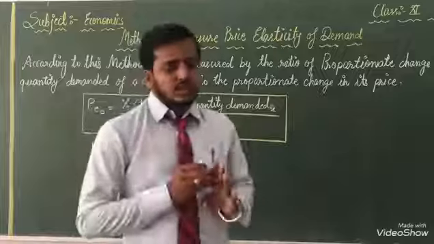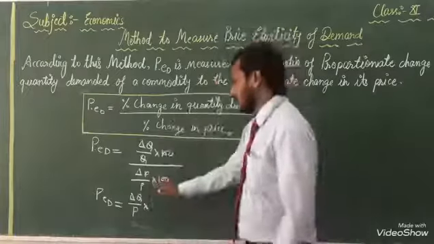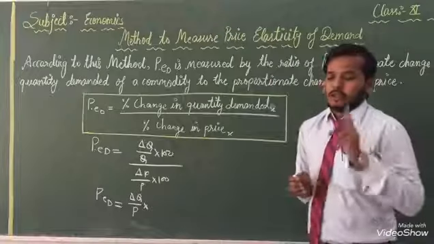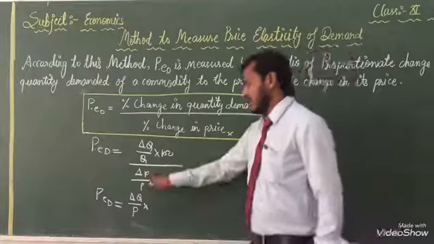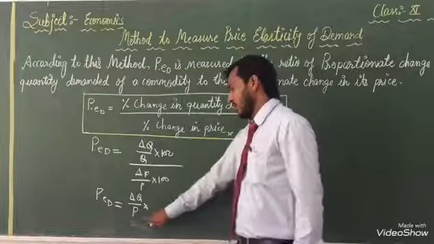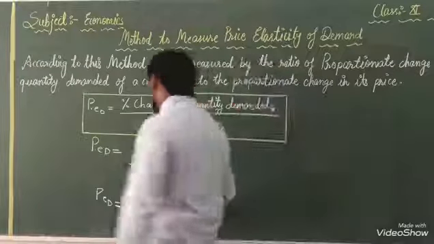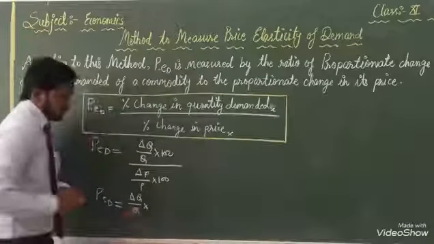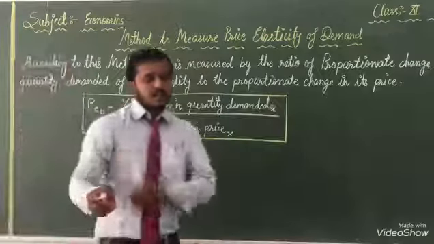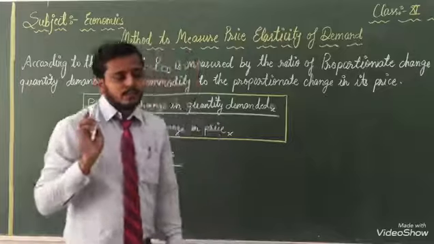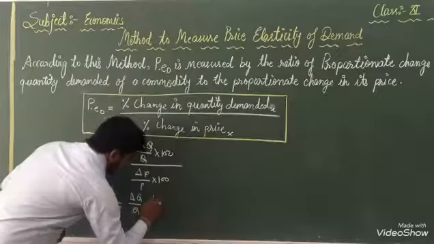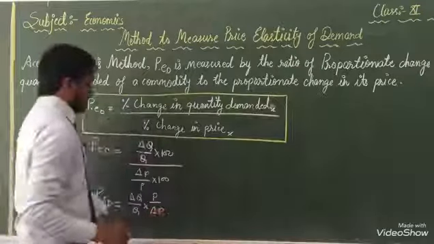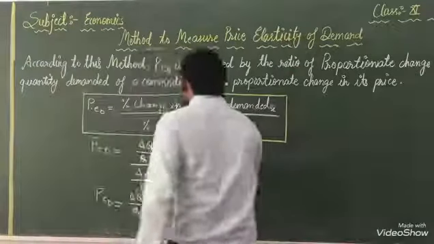The 100s get crossed out, and we write Q in the place of P, into del P.